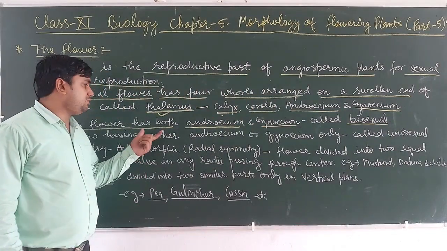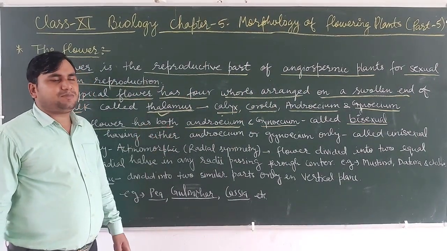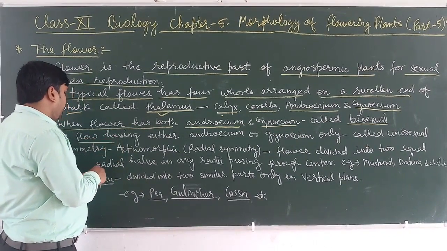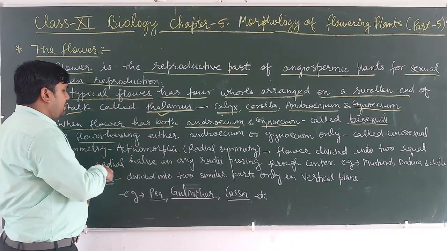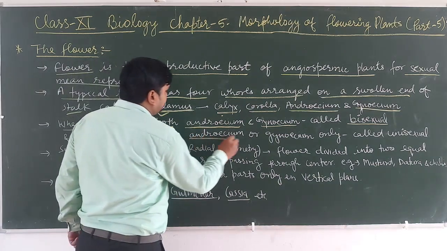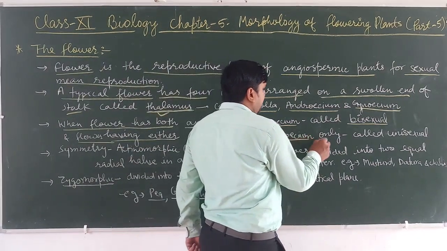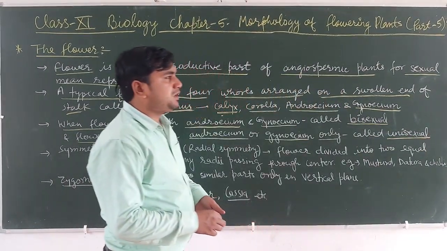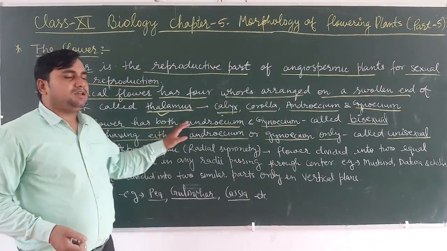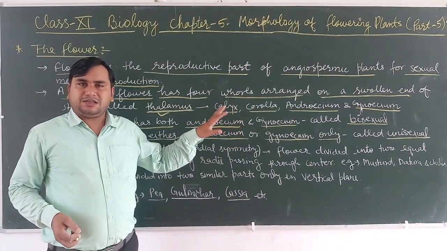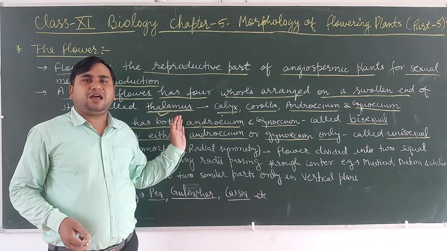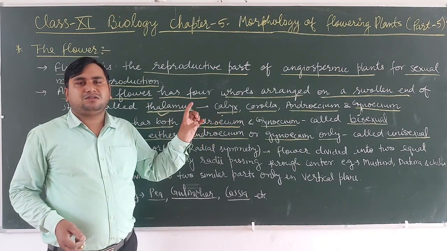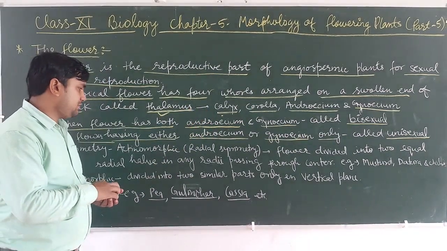When a flower has either androecium or gynoecium only, it is called unisexual.